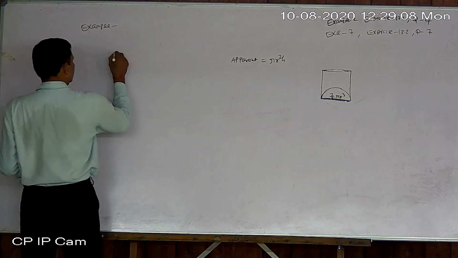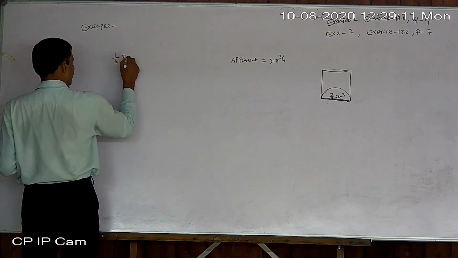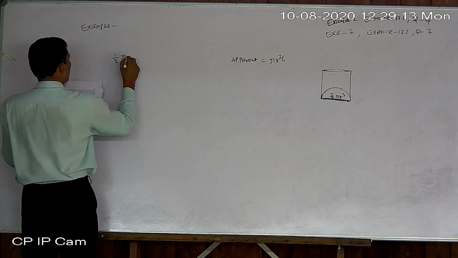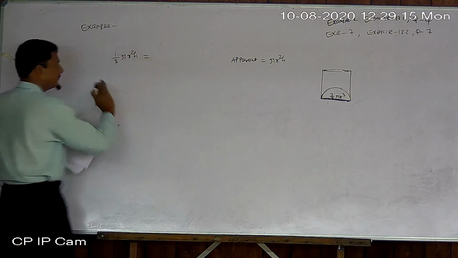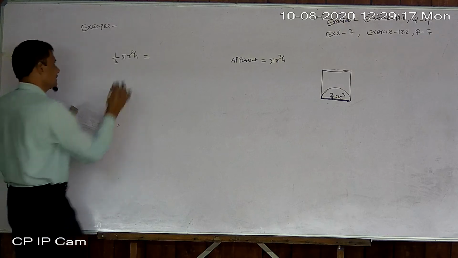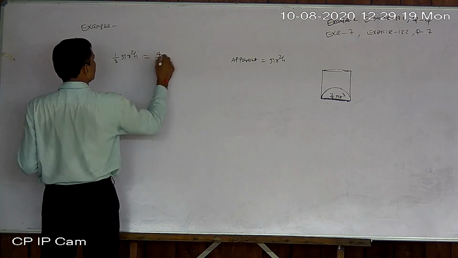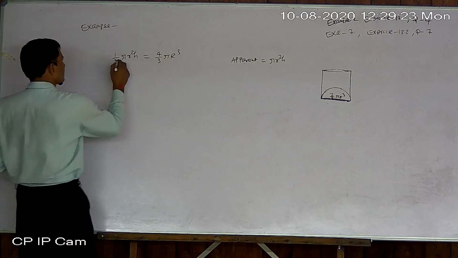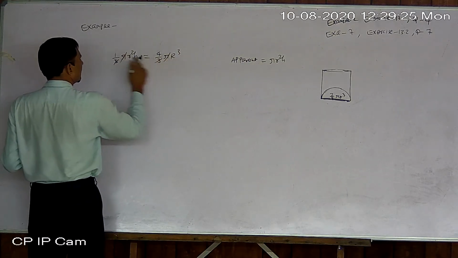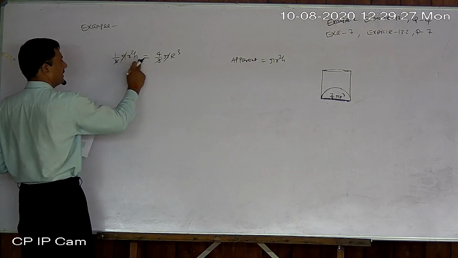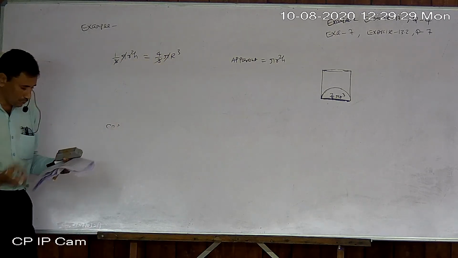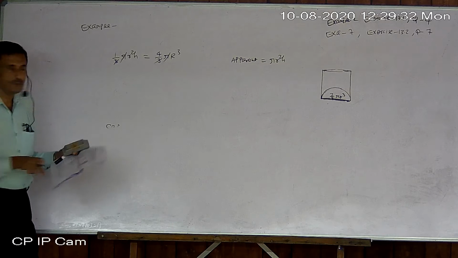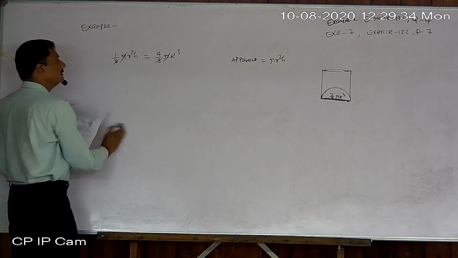So just 1 by 3 pi r square h. The volume of the cone is equal to the volume of the sphere, but r will be different. Similarly, place the values of r and h, so you will get r cube first of all, then find r.